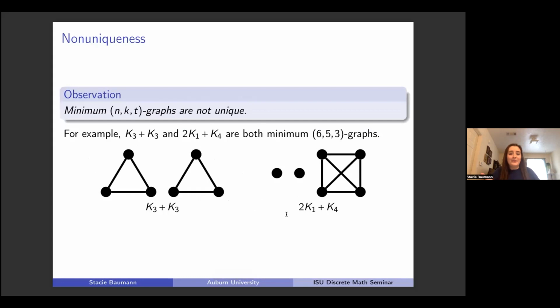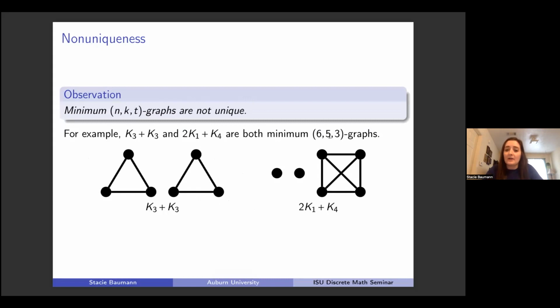Okay, so once this conjecture was stated, there was a little bit of skepticism because of this fact here: all minimum (n,k,t) graphs are not unique. So here are 2 examples. They are both minimum (6,5,3) graphs, but they're different. But if you notice, they are still both disjoint unions of cliques.